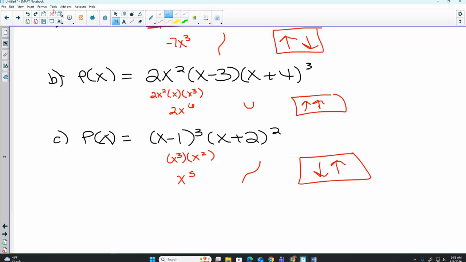Okay. Next thing we got into, so that was really the first section. Second section, we started off with long division, or not long division, synthetic division.